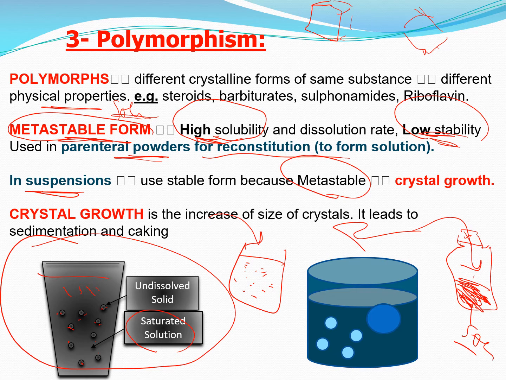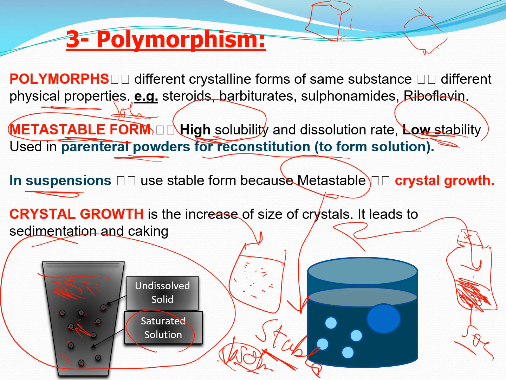So if the metastable form after 1 month, after 2 months, after preparation is converted into the stable form, which is less soluble, what will happen to the dissolved drug? It will precipitate.